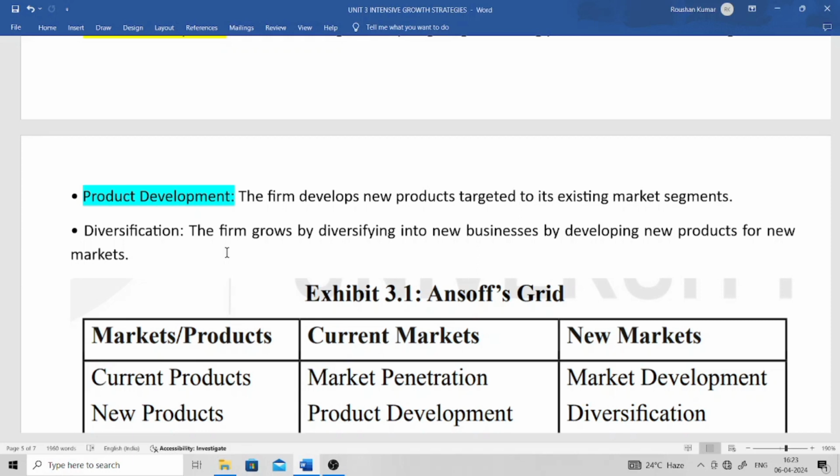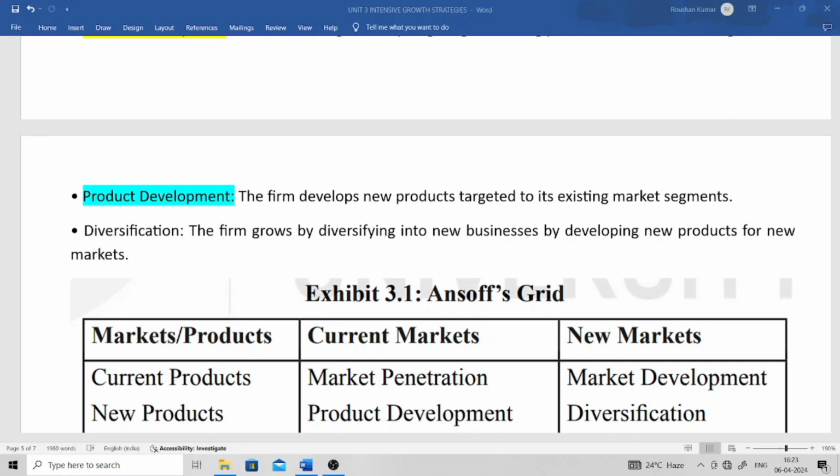Expansion through product development involves development of new or improved products for its current market.